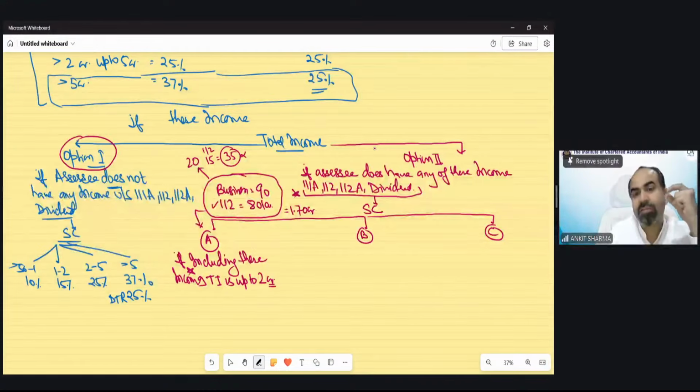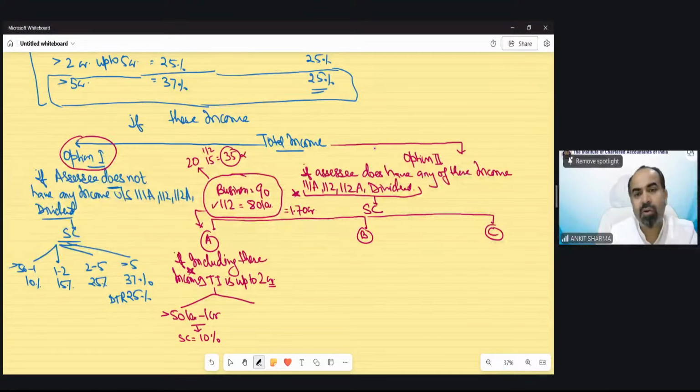So a case when these incomes, including the normal business or other income, are up to 2 crore rupees. If your TI after including exceeds 50 lakh up to 1 crore, then the surcharge on the tax would be 10%.